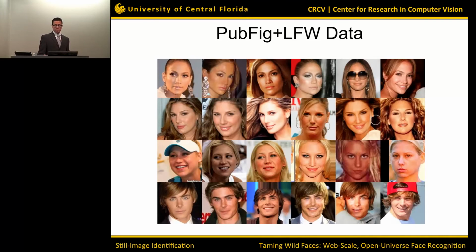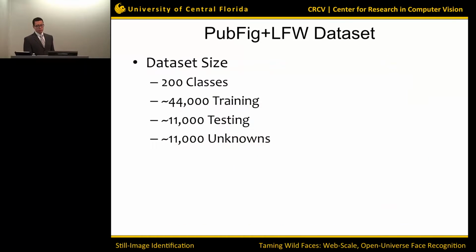You can see here there's a large variation, however the type of pictures are pretty similar because the camera sensors are more professional. We took the public figures and used it as the known people that we want to train on, and the unknowns are selected by the non-overlapping identities from the labeled faces in the wild. What this results in is 200 identities with 44,000 training images, 11,000 testing, and 11,000 unknowns.